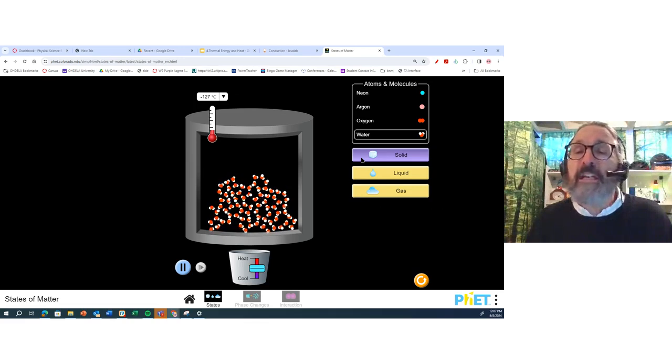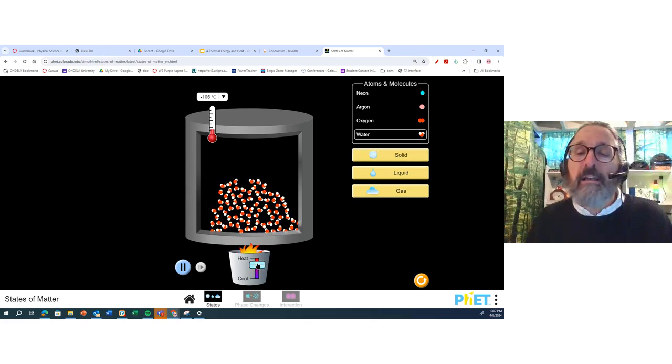So here we have less activity, right? If we heat this up to melt it, we're going to get it to 0 degrees Celsius. And now we have a liquid form at 3 degrees. You'll notice that adding heat to it has made the solid go to a liquid.